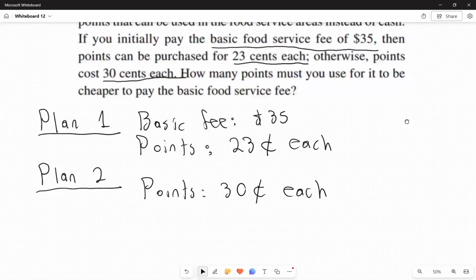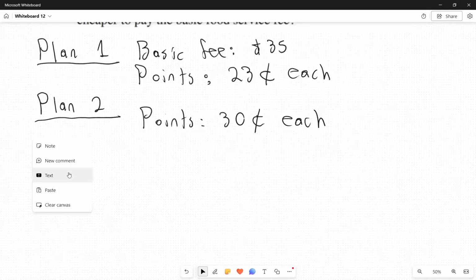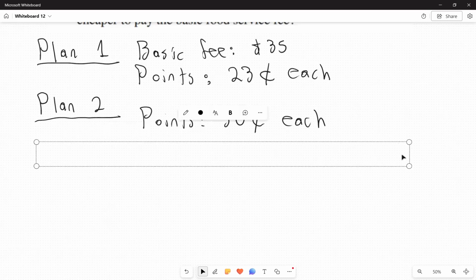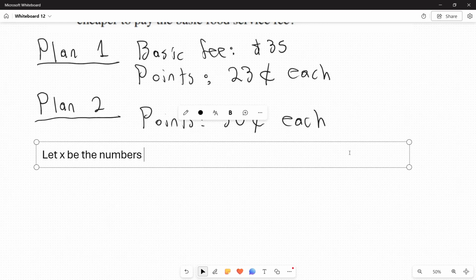We're going to let x be the number of points purchased, and let y be the amount paid.